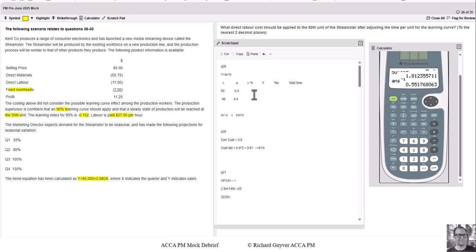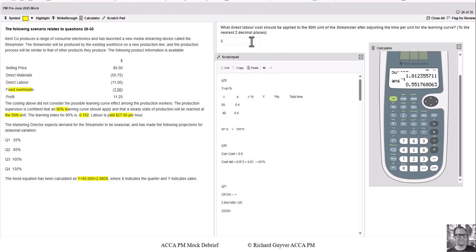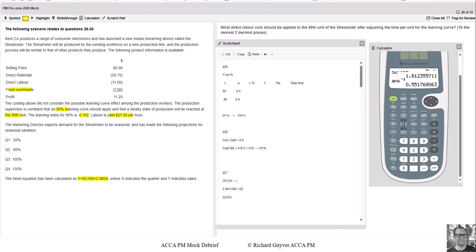Now I think we have to be very careful with decimal places. In learning curves, we need 2 decimal places, so I'm actually not going to fill this column in. I'm going to multiply by a, because we need y equals ax to the b. This would be what would go in this column. 0.5177 goes there.